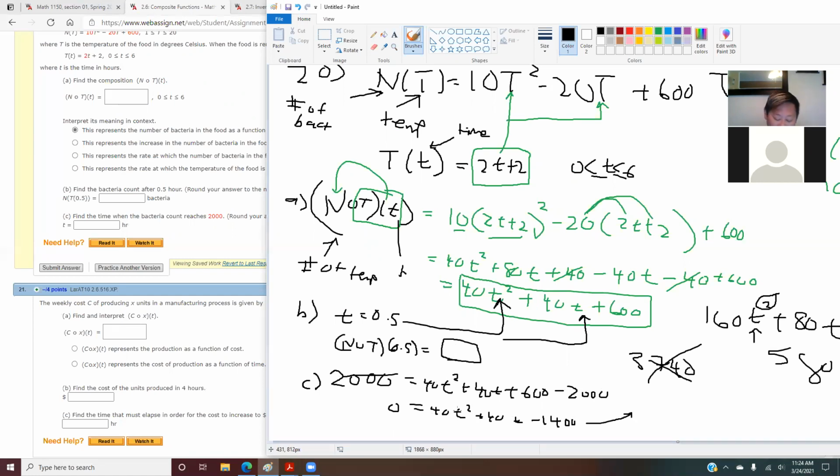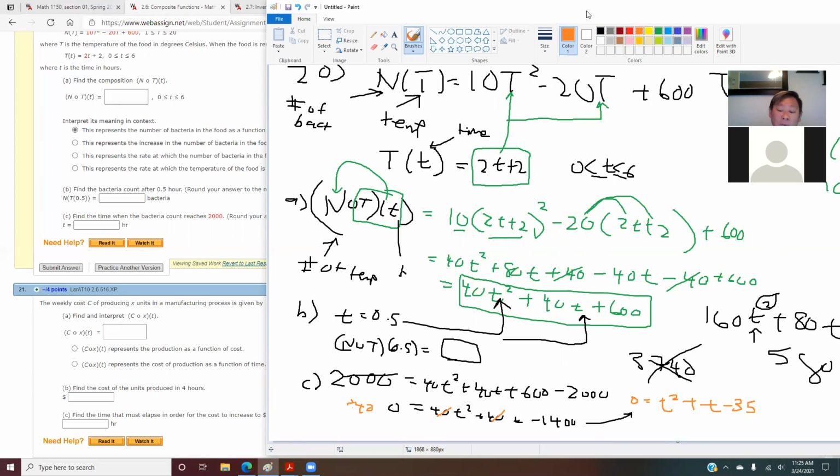So I think it can be reduced by 40. Let's see if I can reduce by 40 or not. Yep. So this whole thing can be reduced by 40. So you can divide everything by 40, so your number is so much smaller. So it's T squared plus T, because when you reduce by 40, the 40 and 40 are gone. So this will give me negative 35.